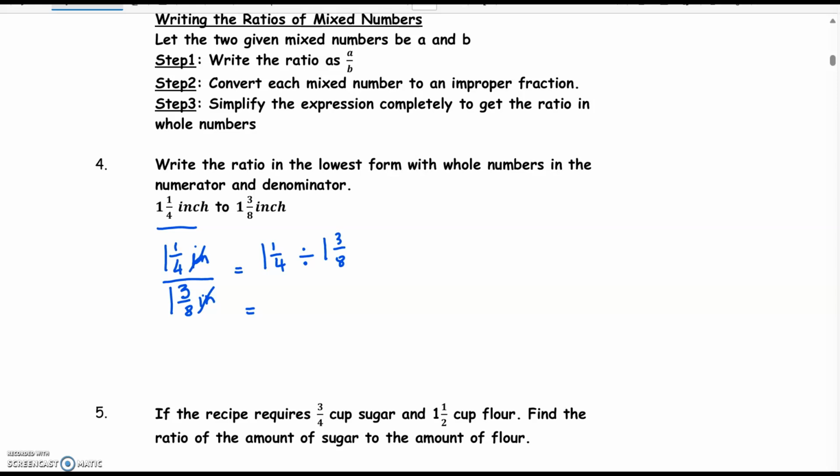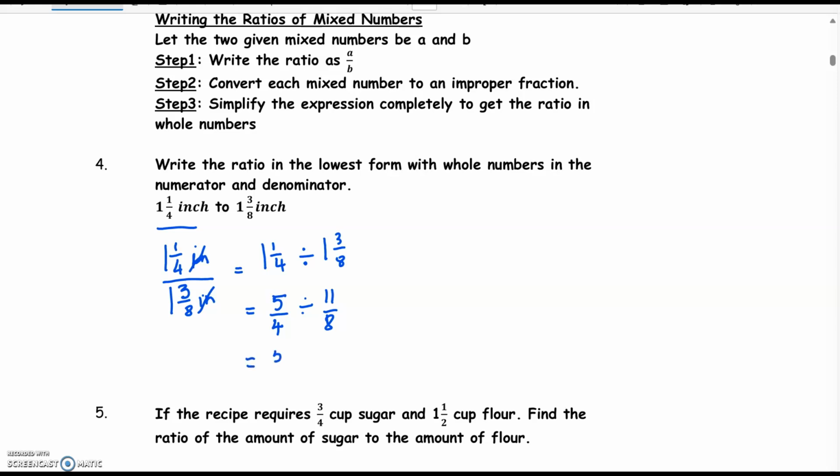When dividing, we have to change the mixed numbers to the improper fraction form. So 4 ones are 4 plus 1, 5 over 4 divided by 1 3/8 is 8 times 1 is 8, 9, 10, 11 over 8.